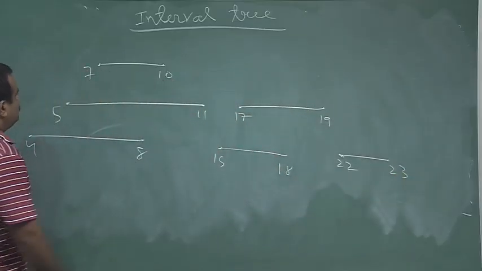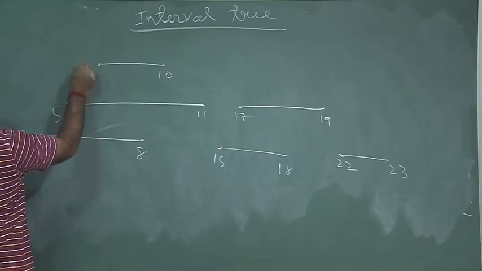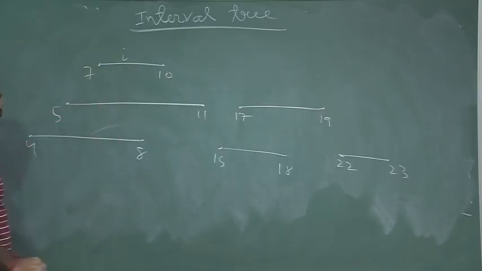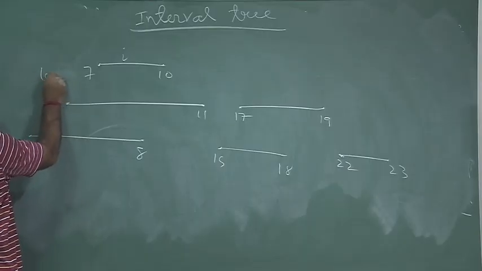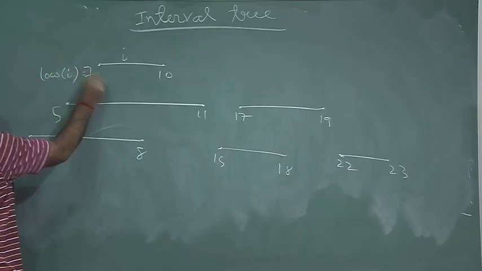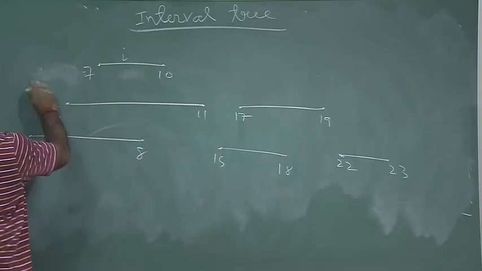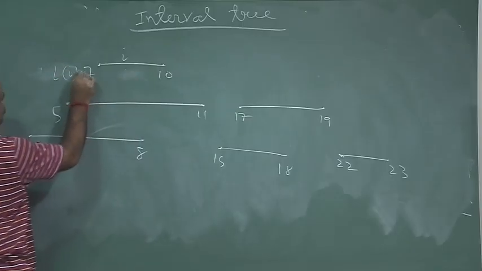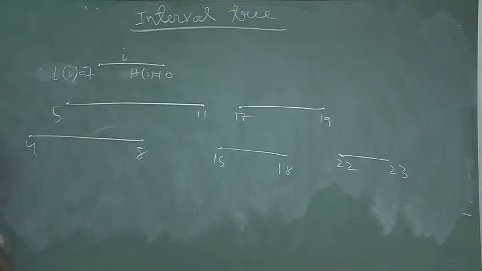So, if this is an interval I, this is the low of I, the lower end point, and this is the high of I, the high end point.